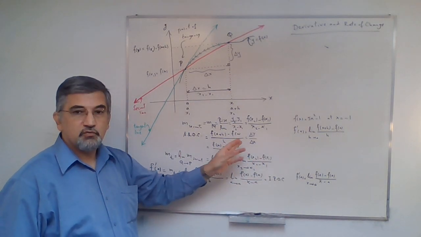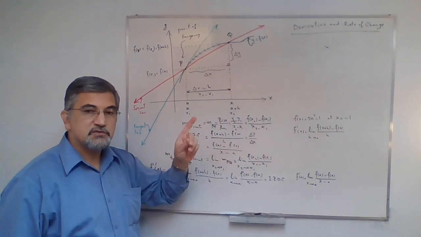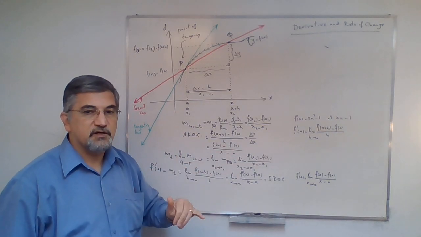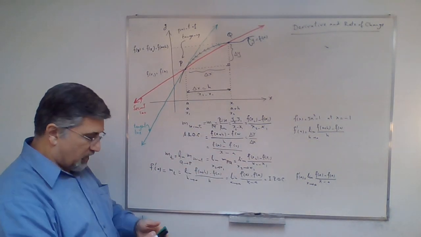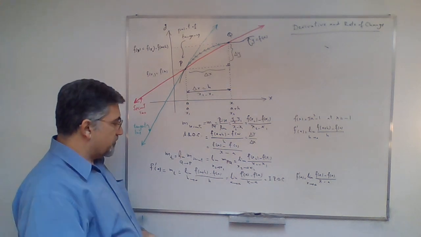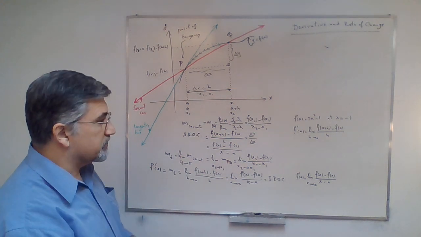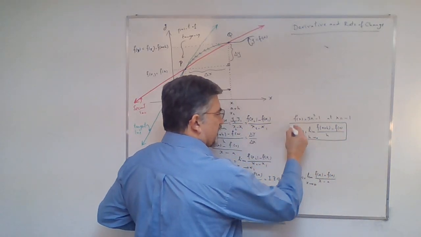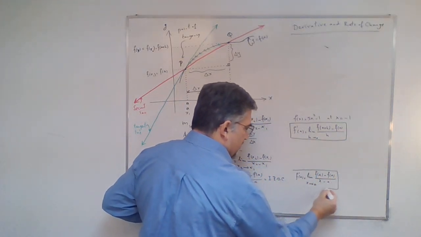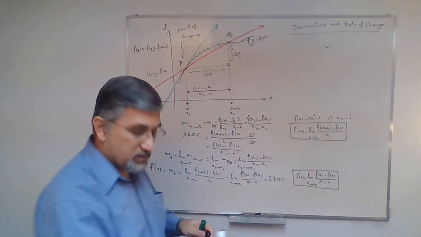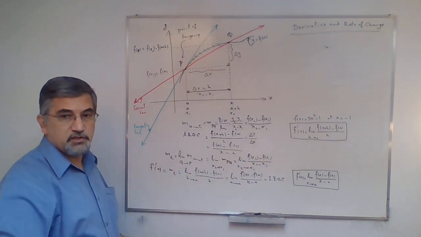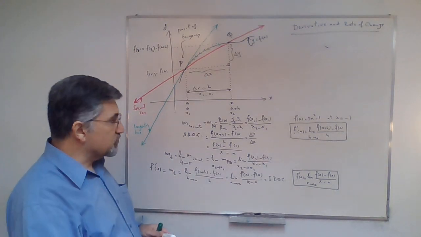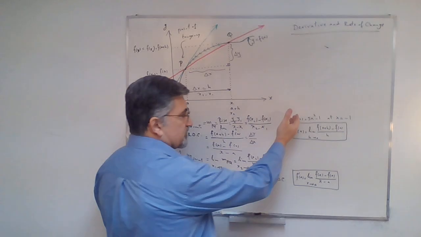Even if they don't mention the words average or instantaneous, you should understand which one of these two rates of change they mean. Okay, so the moral of the story is that we ended up with two formulas which are apparently different, but they're actually the same. The difference is only in notation, okay? That's the only difference.